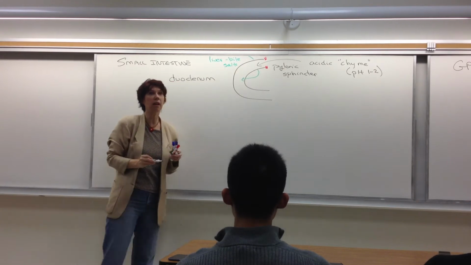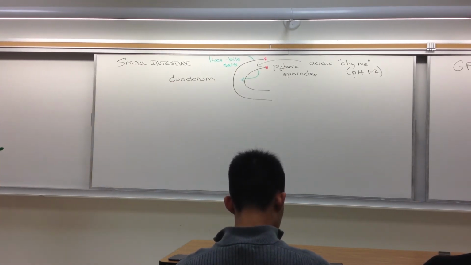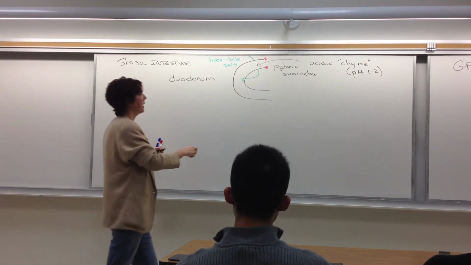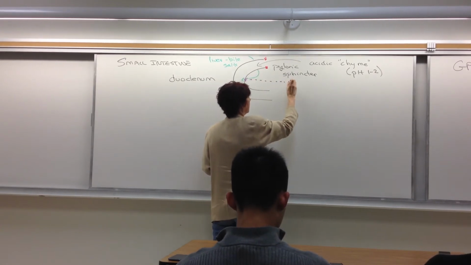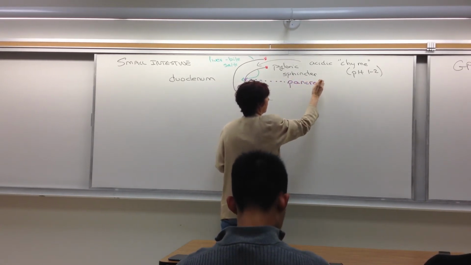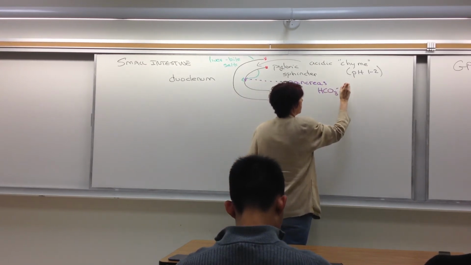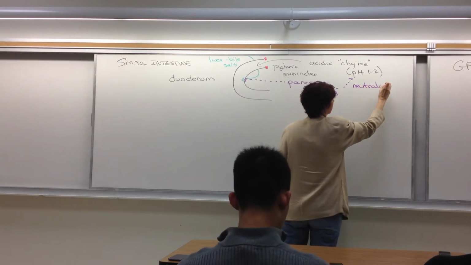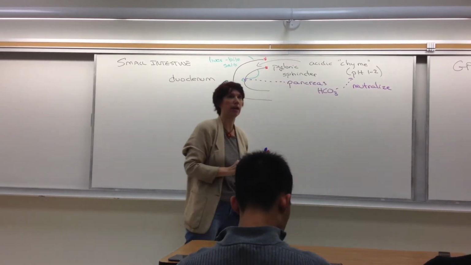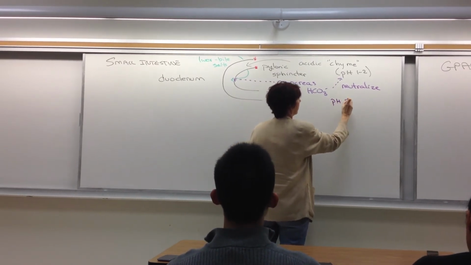Those are stored in the gallbladder, so it may come directly from the liver, or it may come from storage in the gallbladder. And then coming from the pancreas, we add bicarbonate ions, which neutralize the acidic pH of the stomach to a pH of approximately 8 to 9.